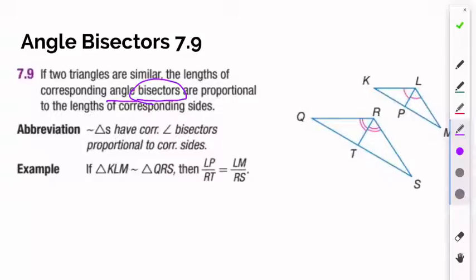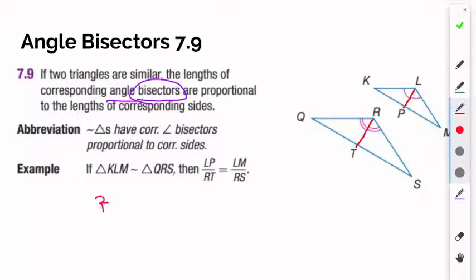Now, whatever cuts the angle exactly in half, the angle bisector, is going to be proportional to the length of the corresponding side. So in this case, for our example, we're going to look at the bisectors. The bisectors in this case are LP and RT.